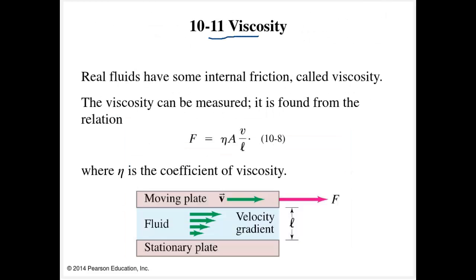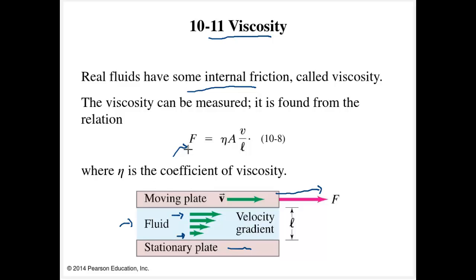It turns out that fluids also are going to have this property called viscosity. Essentially that's some type of internal friction, and I just want to mention it briefly. I'm not going to do a whole awful lot with this. If we consider having a stationary plate with a fluid on top of it, and we pull this plate with some force, then friction inside of the fluid says that it's going to be moving fastest near the moving plate and slowest near the stationary plate, because there is some internal friction.